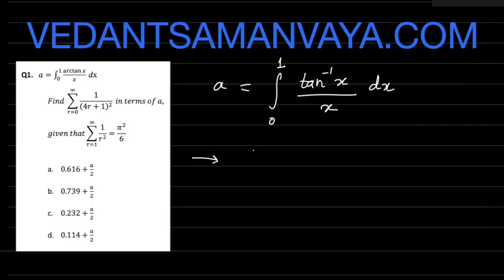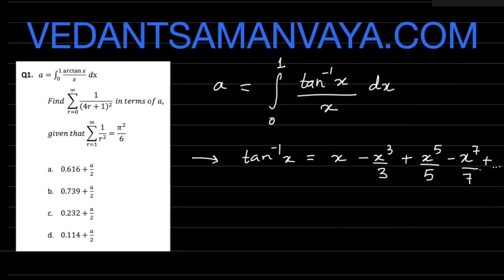One way I could think of is to write the Taylor expansion of tan inverse x, which is nothing but x minus x cubed by 3 plus x to the power 5 by 5 minus x to the power 7 by 7 plus, and this goes on till infinity.